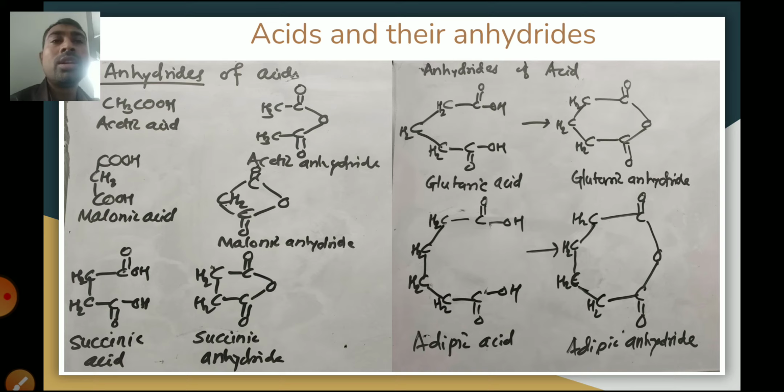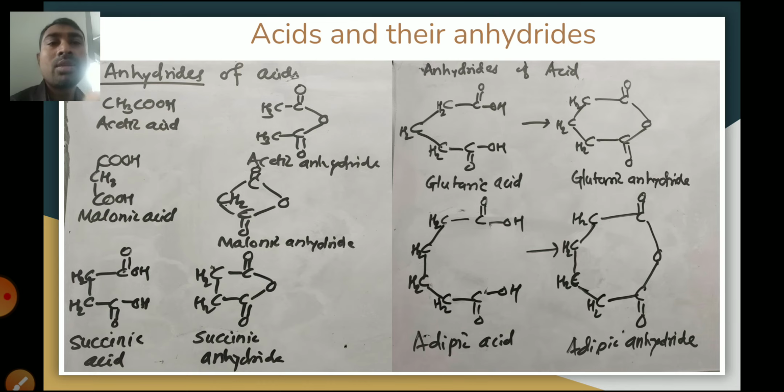Next is malonic acid. Malonic acid has one methylene group in between the two COOH groups, and we get malonic anhydride.